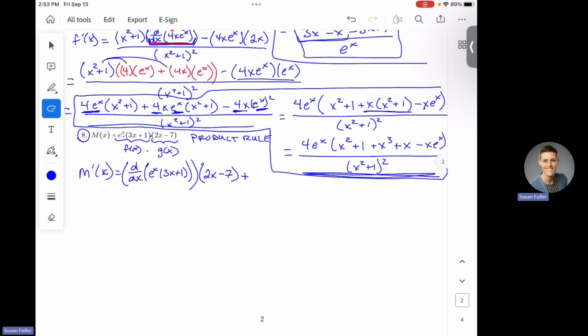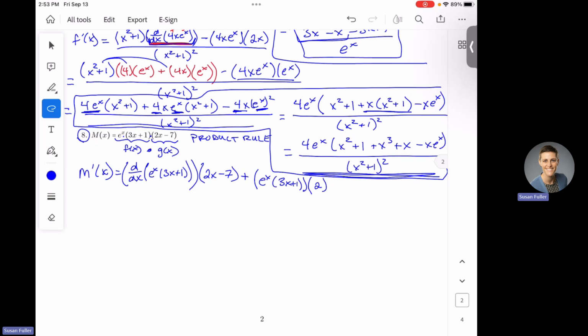And I'm going to add to that the first function as is, which is e to the x times 3x plus 1, times the derivative of my second function. The derivative of g is just 2.